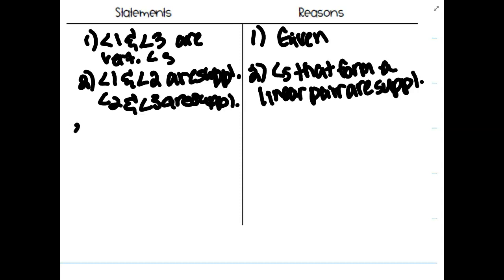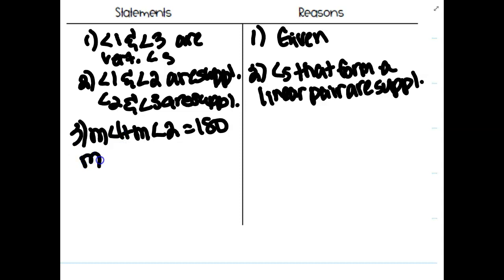So let's make that our third statement. The measure of angle 1 plus the measure of angle 2 equals 180. And I could do the same thing with angles 2 and 3. The measure of angle 2 plus the measure of angle 3 also equals 180.